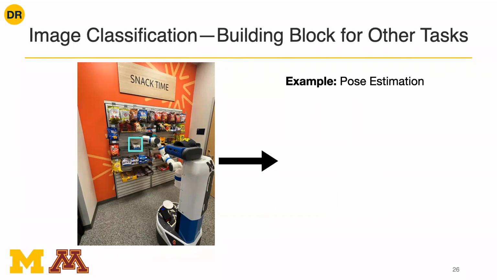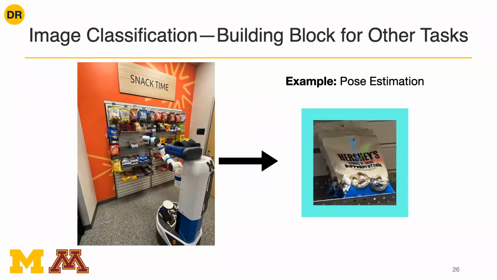We figured out where the pretzel bag is, but the robot also has to figure out the orientation of this object, so it can reach out with its arm and grasp. So these are the three steps we generally follow in robot perception: what is in the scene, where it is in the scene, and how it is in the scene, so that we can help the robot grasp and manipulate that object. We talked about image classification leading to object detection, and then object pose estimation.